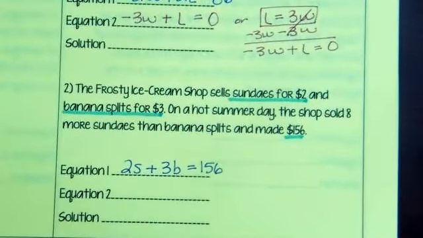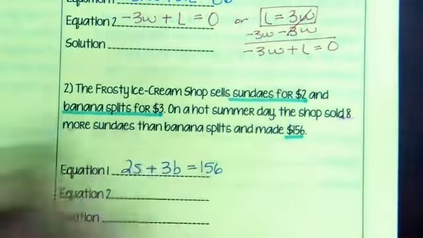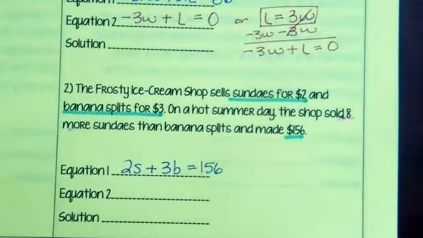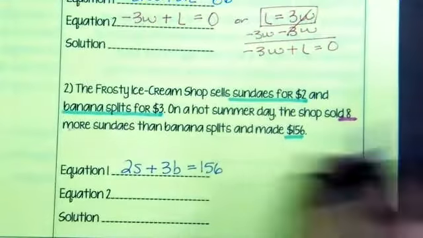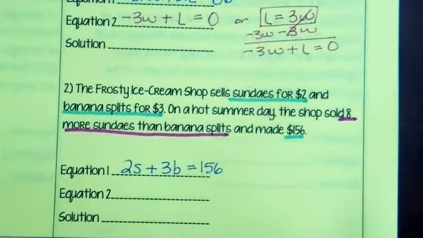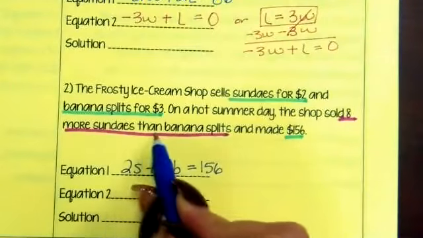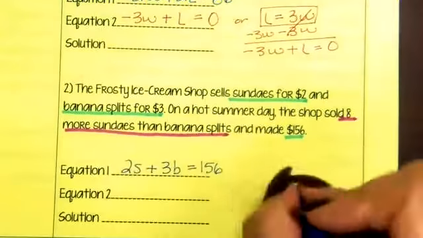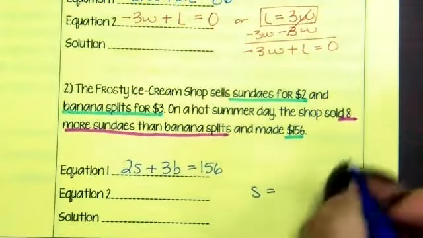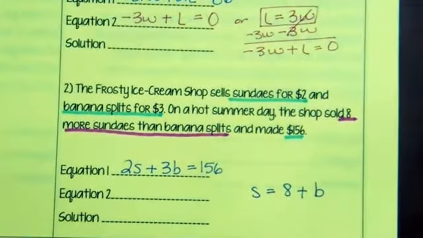Okay. It says that the shop sold 8 more sundaes than banana splits. So sundaes were more, and it's 8 plus the amount of banana splits. That's one way to put it.